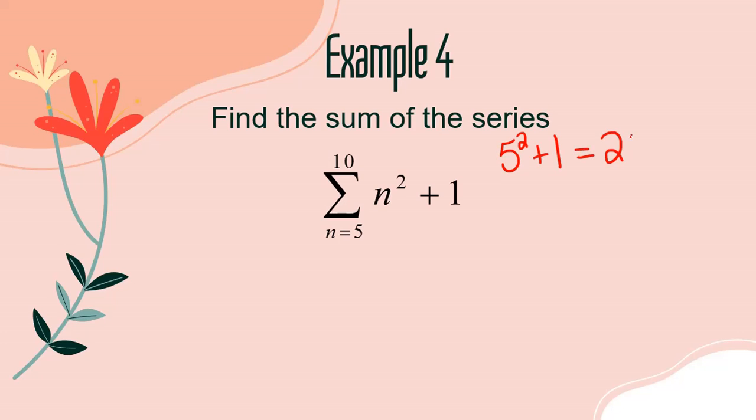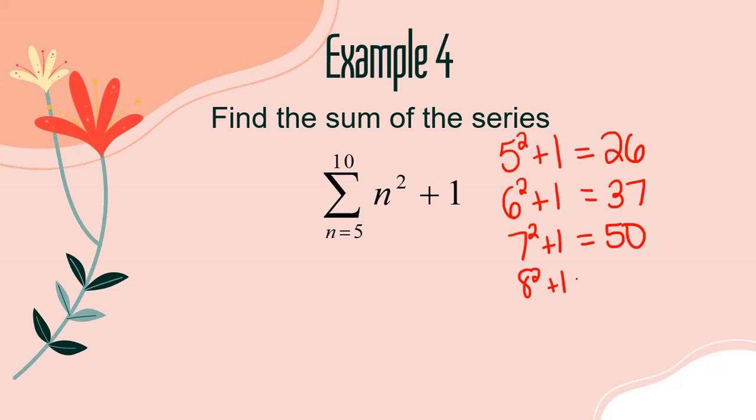Well, that's 26. Then I got to go 6 squared plus 1. That's 37. And then 7 squared plus 1, that's 50. And then 8 squared plus 1, that's 65. And then 9 squared plus 1, that's 82. And then 10 squared plus 1 is 101.